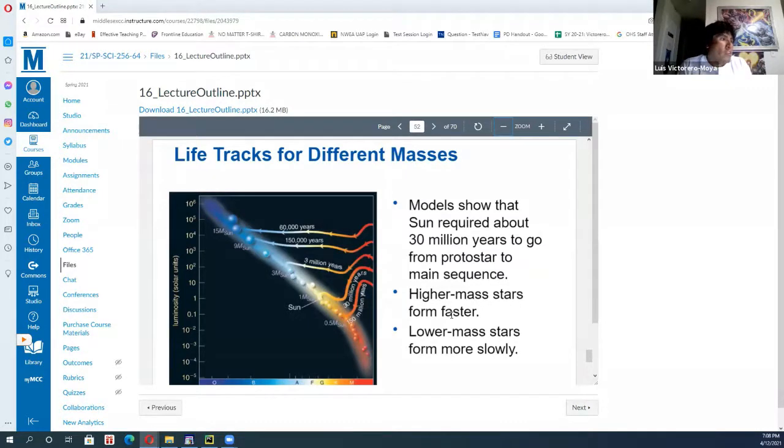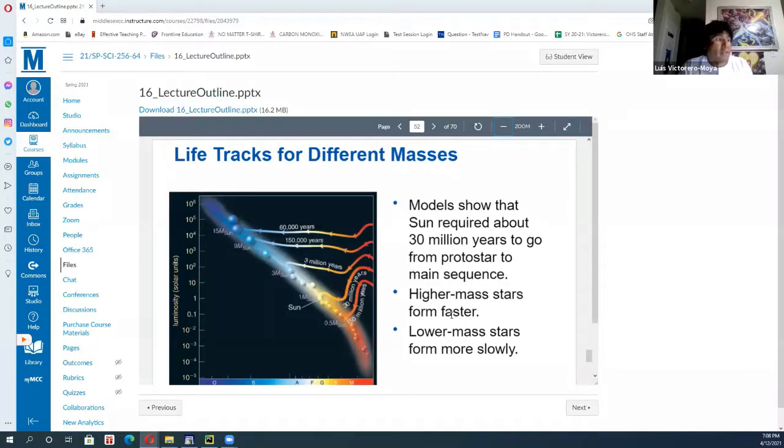So when you model this, we get that, as you expect, highly massive stars like blue giant stars reach the main sequence from protostar contraction and shrinking in approximately 60,000 years.